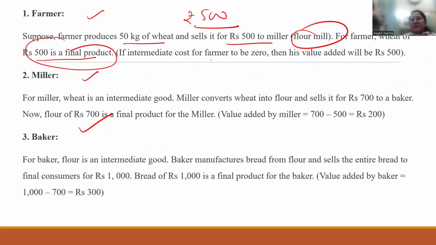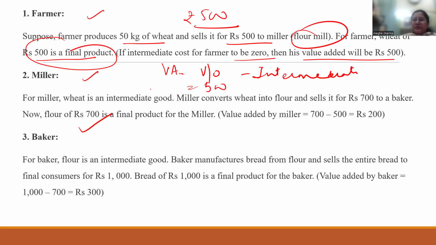If the intermediate cost for the farmer is zero, then the value added would be 500. We know the formula for value added is value of output minus intermediate consumption. Since the farmer is not adding any intermediate cost here, 500 would be considered as value added for the farmer.